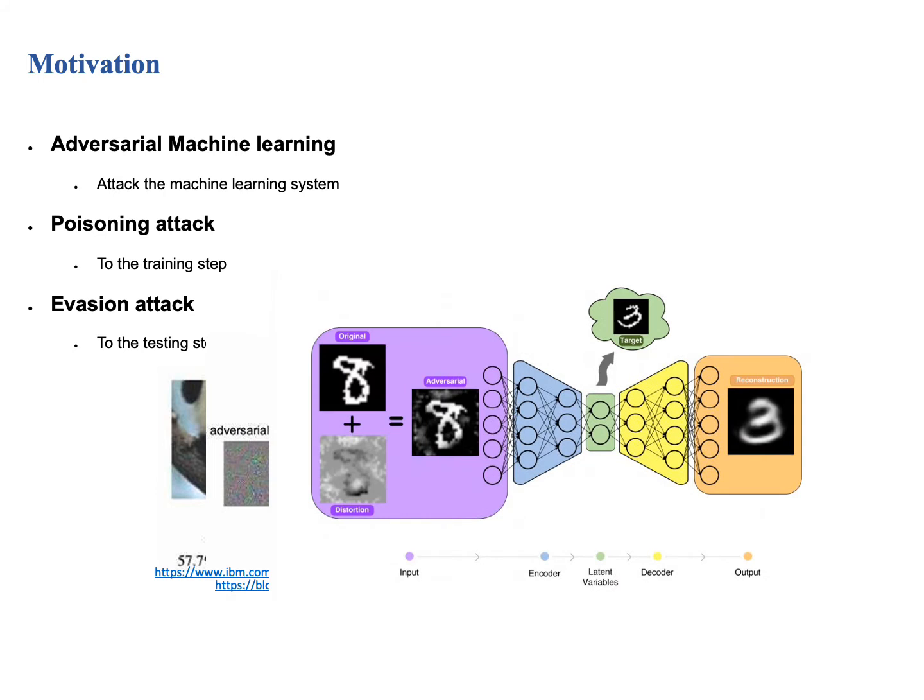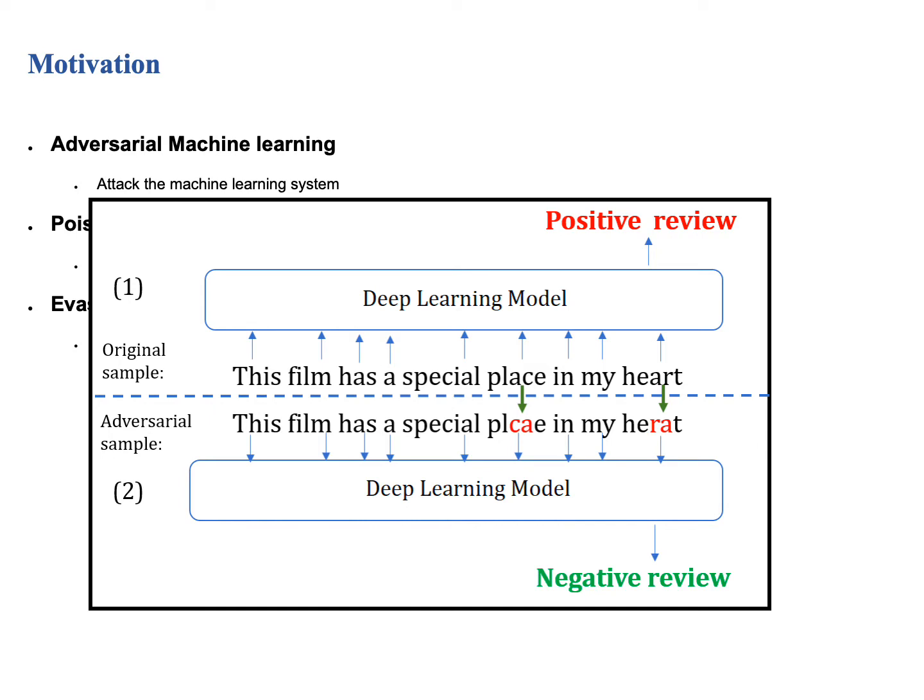The third example is MNIST. From the MNIST dataset, here we have the number 8, but if we inject some noise, the classifying system cannot detect that this one is 8. It classifies it as the number 3. The last example is from text processing.